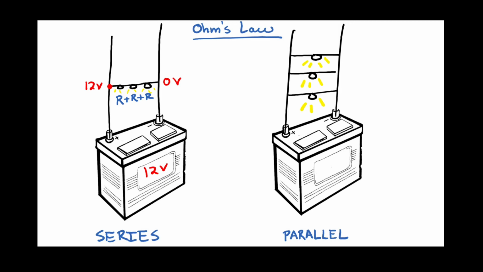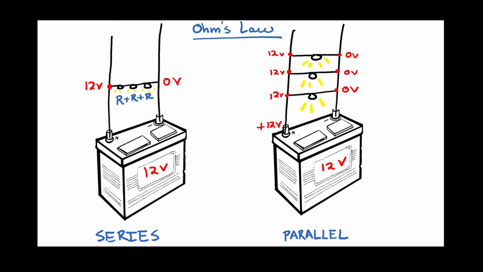When all three of those light bulbs are in series, their resistance adds, and therefore we get a dimmer set of light bulbs. On the right side, we have 3 positions along the left pole that are each 12 volts for our 12 volt battery. So these are all 12 volts. And on the right hand side, each of these points are 0 volts.